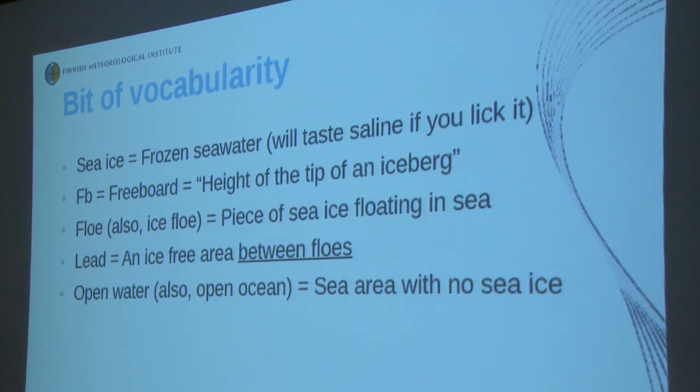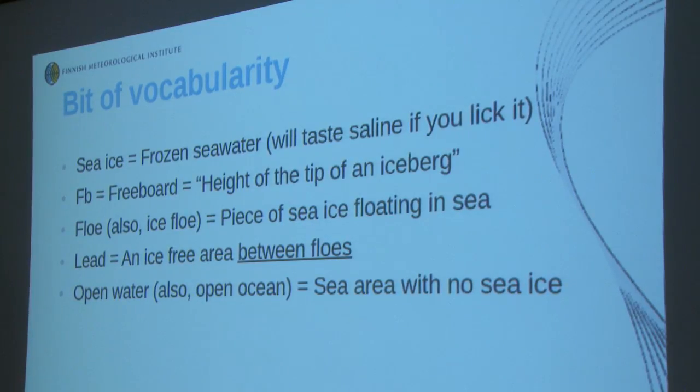A bit of vocabulary here. When I talk about sea ice, I talk about frozen seawater. Seawater has salt in it. In consequence, sea ice is also saline. If you lick sea ice, you will taste that, or if this is not fresh water, it's actually seawater.